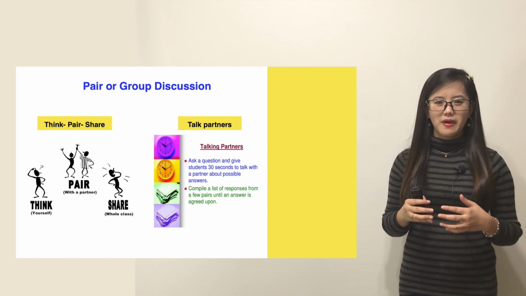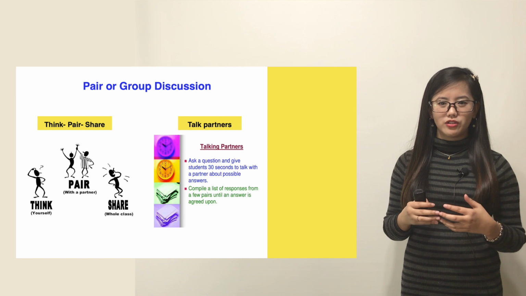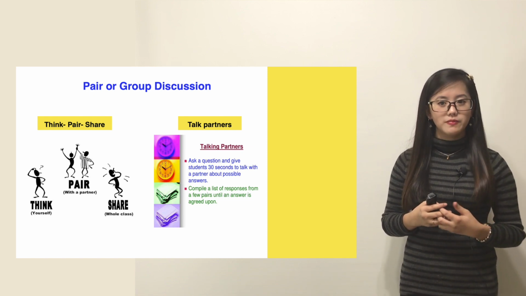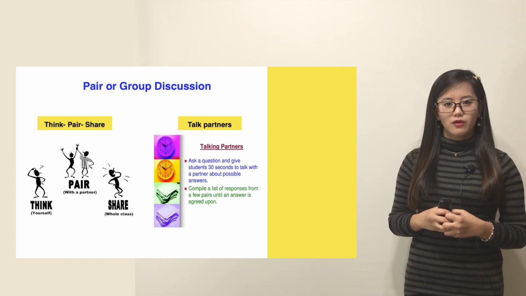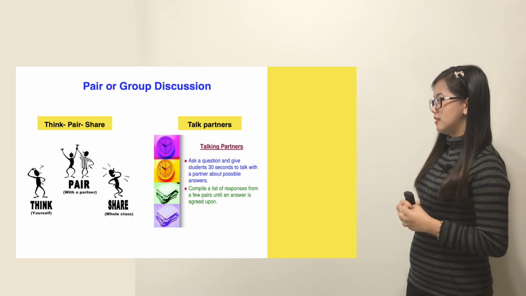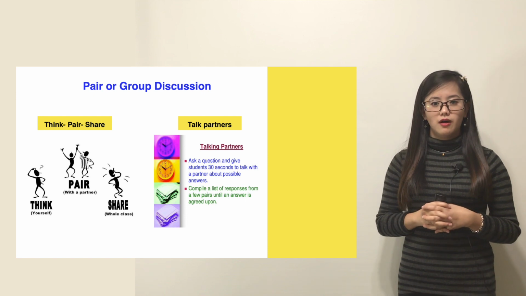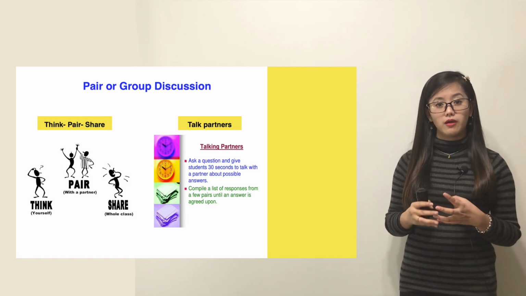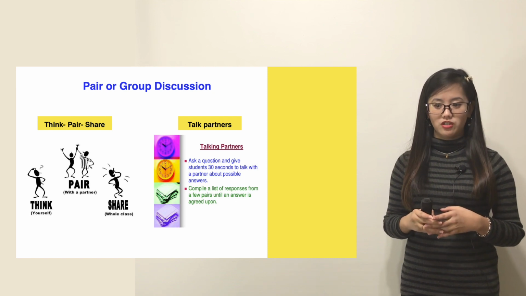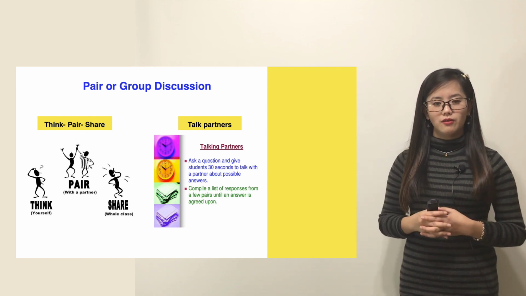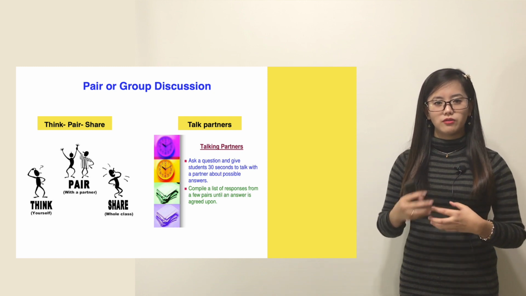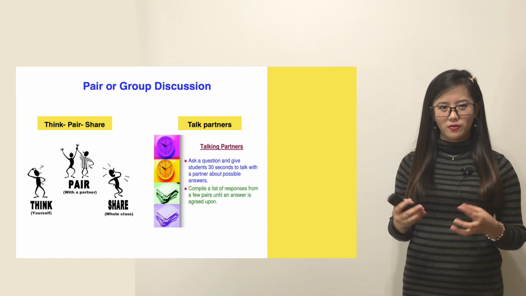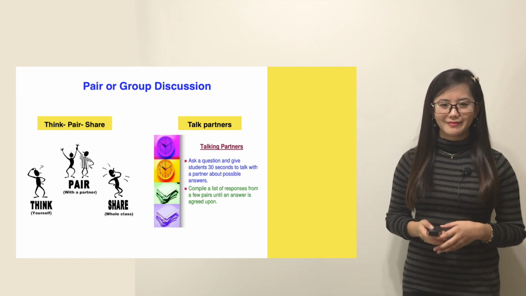It may be useful to establish ground rules and model some appropriate question types and responses. So these two activities on our board are just simple activities that we could use in pair or group discussion, which is very, very healthy. Also, students can learn how to discuss, debate, or argue in a healthy way with their peers.